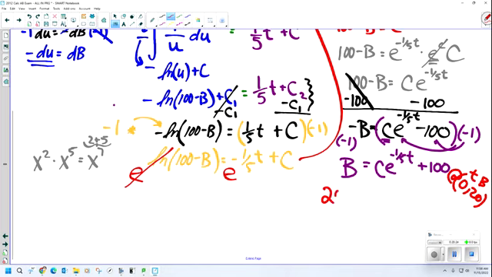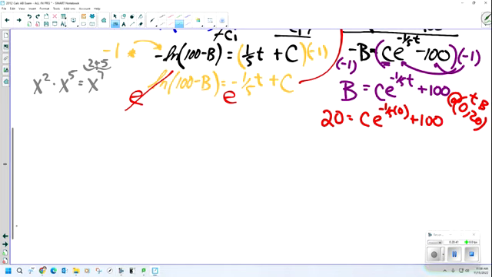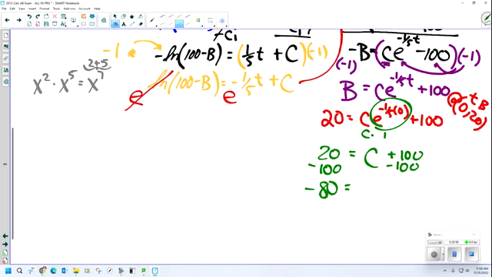So 20 should equal some constant times e to the negative 1/5 times 0 plus 100. Let's simplify and solve for C. Anything to the power of 0 is 1. So C times 1 is just C. Plus 100 equals 20. Well, that means if I subtract 100 from both sides, negative 80 equals C.